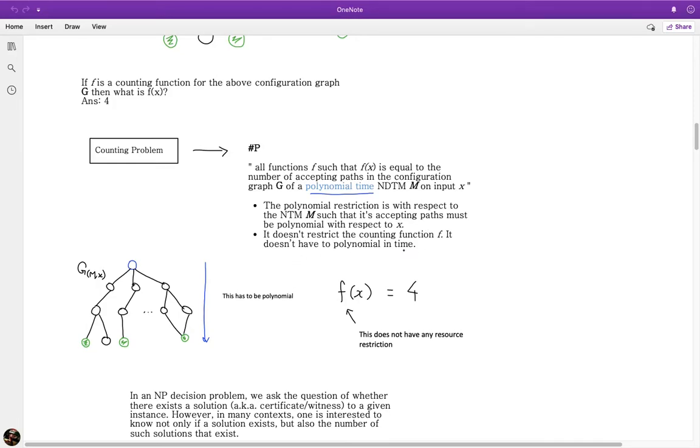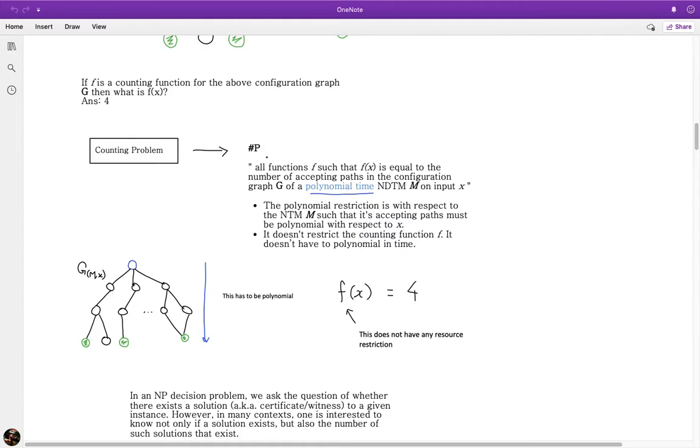It doesn't have to be polynomial in time. So when we define this complexity class #P, we are not concerned with whether the problems in this class are computable in polynomial time or not. We are not concerned with the time it takes for problems in this class.